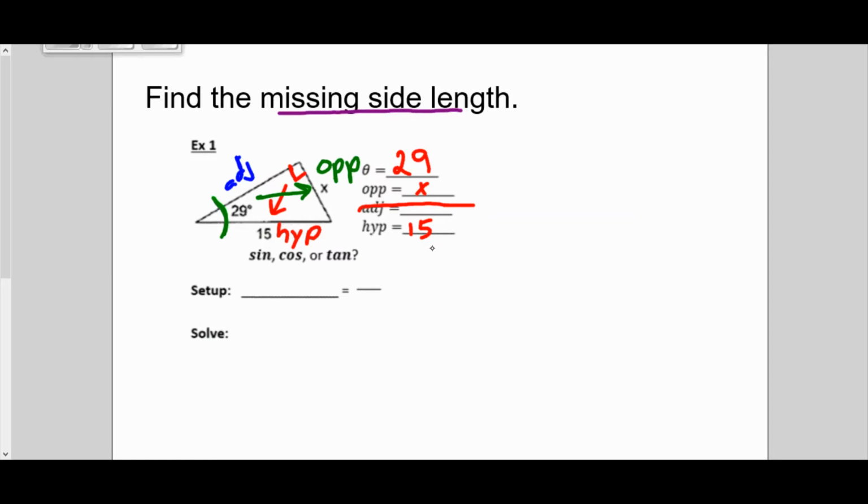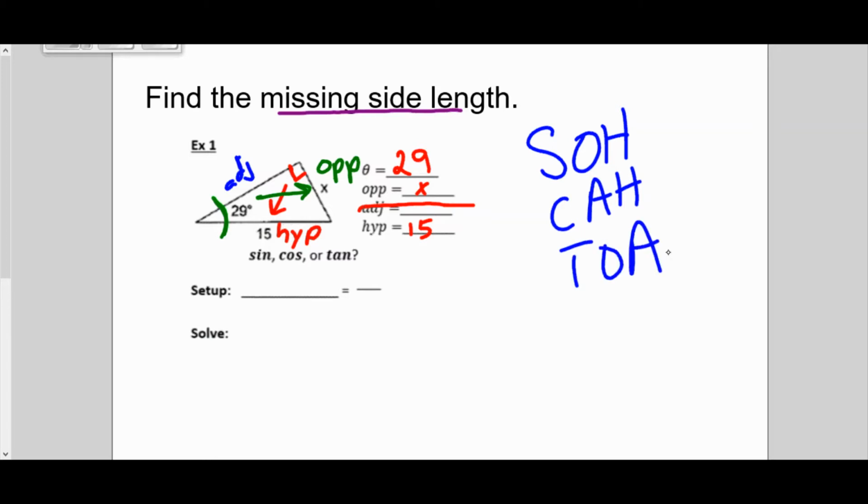To find x, we can use our trig ratios. Remember that the saying we have to help us remember our trig ratios is SOHCAHTOA. I'm given the opposite, I'm given theta, and I'm given the hypotenuse. What I want to know is what trig function relates the two sides that I'm given.